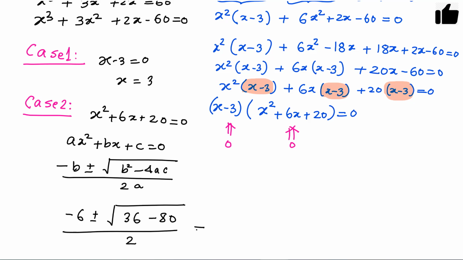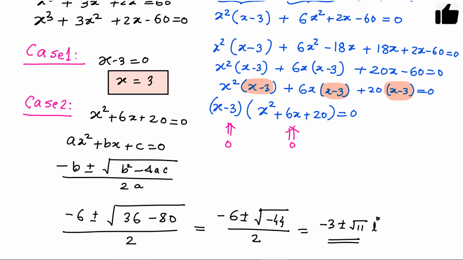So this is basically imaginary roots. Minus 6 plus minus square root of minus 44, divided by 2. So this becomes minus 3 plus minus square root of 11 i, and this root is an imaginary root. So this root can be neglected because you have x inside the factorial, and these terms cannot be imaginary. So we have in this case only one solution, and that is x equals 3.